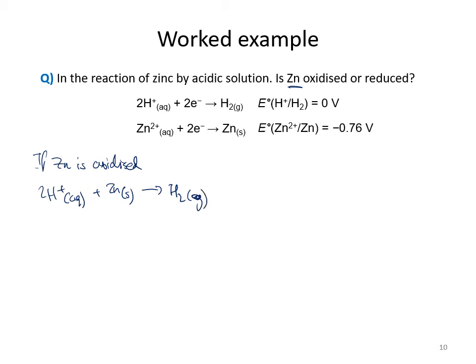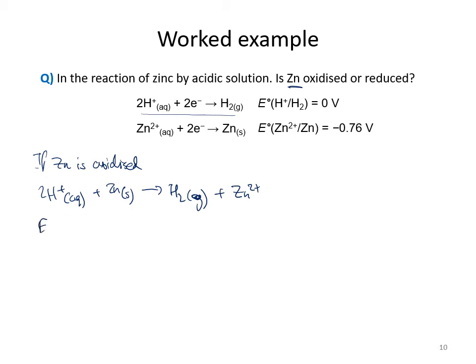So this is the reaction if zinc is oxidized. So is that going to work? Well, we can do this quite quickly. We can say, if that's the case, then you can see that this one here, the H1, is going to be our reduced potential.